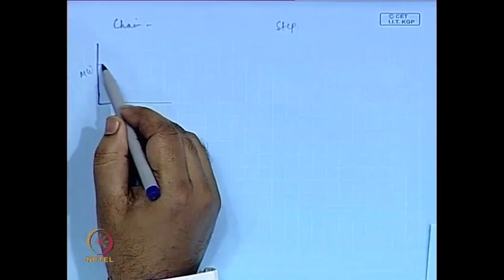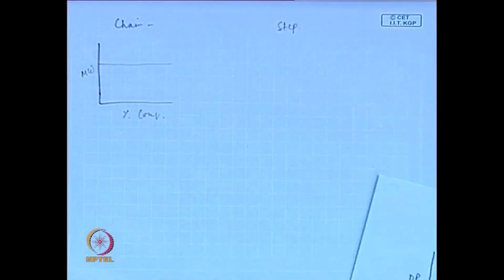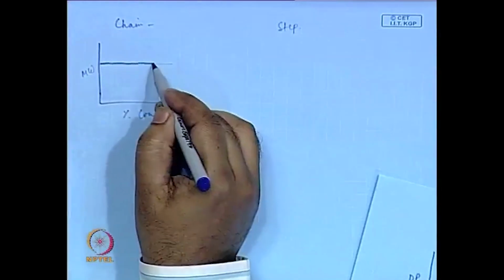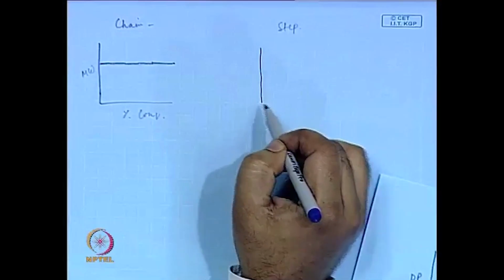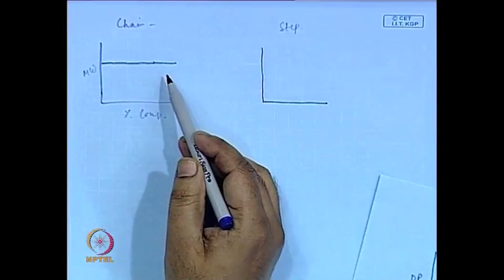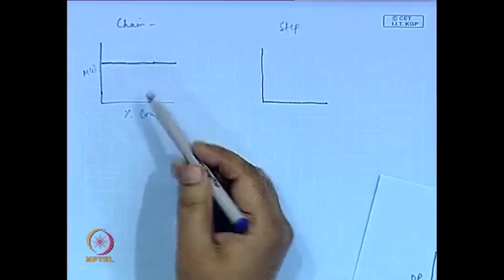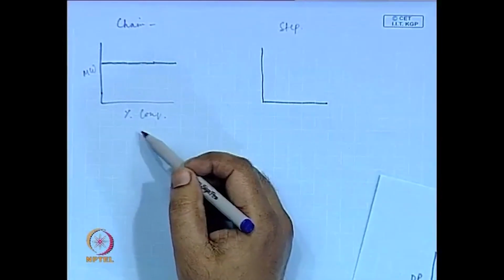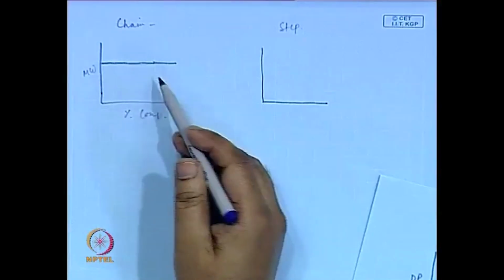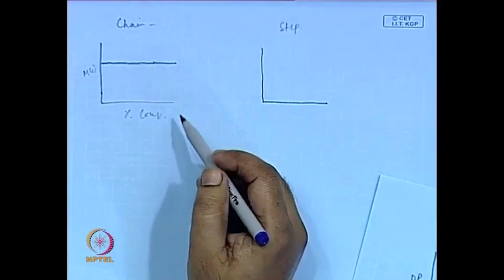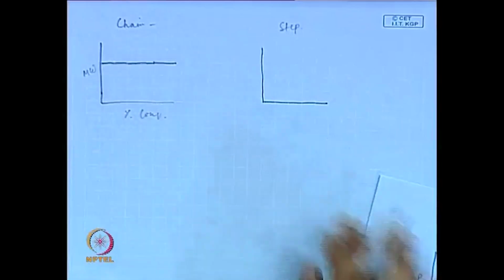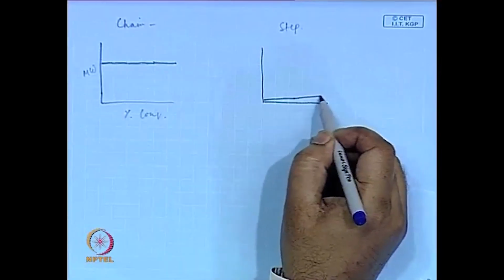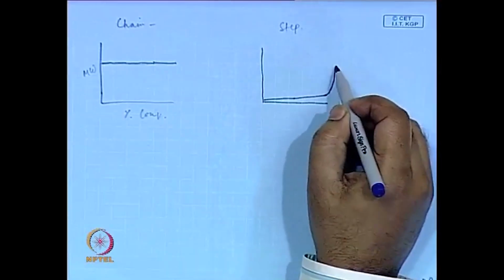In case of chain polymerization, you had a situation like this, where you can achieve the high molecular weight at the beginning, and as time goes, as more and more monomer gets converted, you get more and more high molecular weight polymers with time. And in case of step polymers, you get the high molecular weight only at very high conversion.